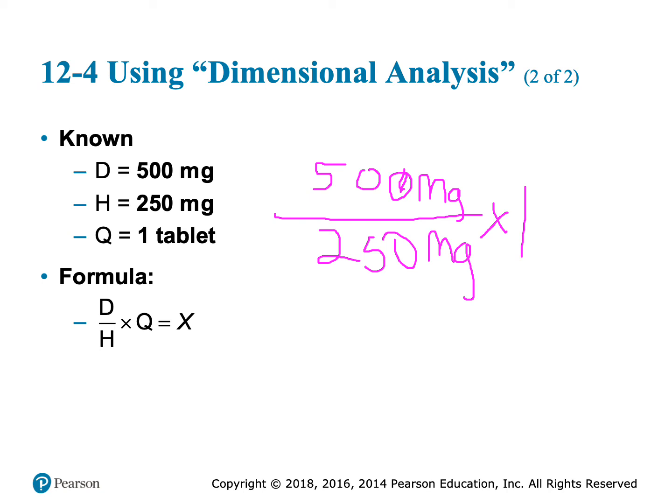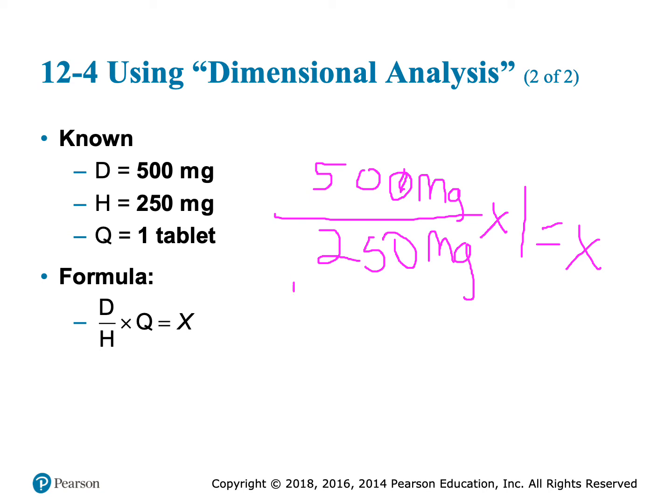Again, for sake of space, I'm not going to write tablet, but I think we should, equals X. All right, so go ahead and pause the video and work this out, and then come back and we'll go through it together.